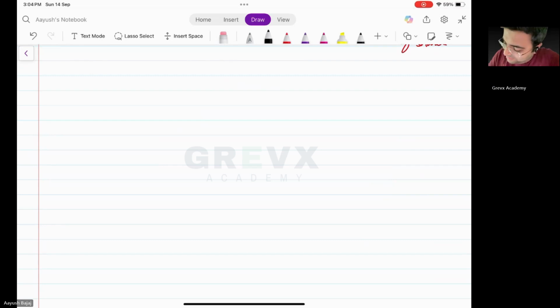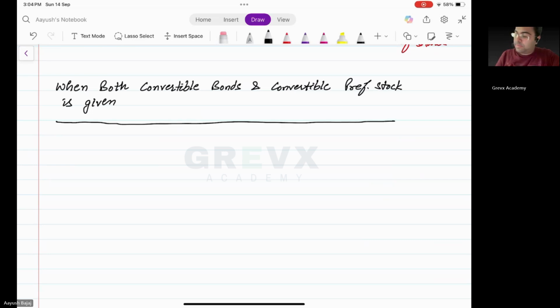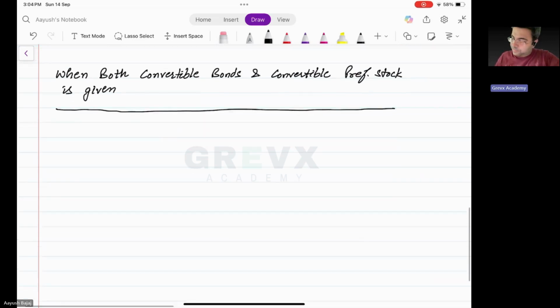So let's take an example. When both convertible bonds and convertible preferred stock is given, then what should we do?